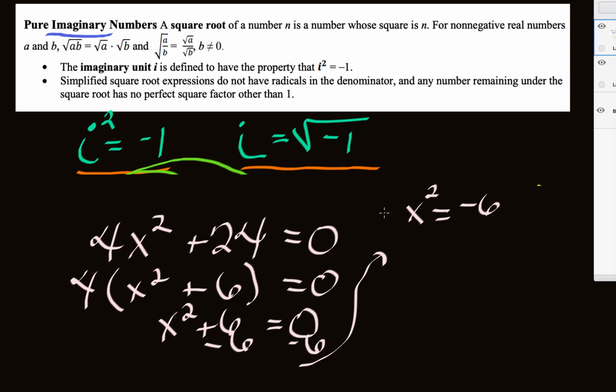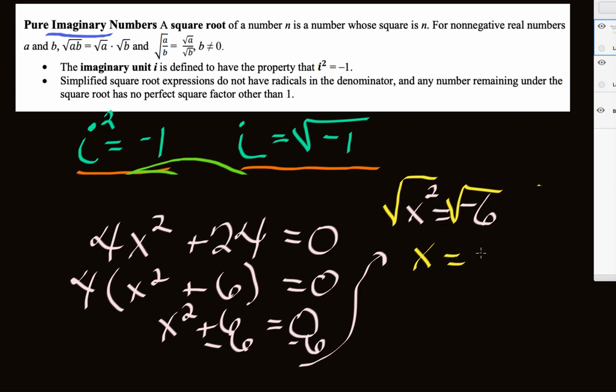Now I'm getting closer. Now I understand what I'm supposed to do. Let me undo that. Instead of rewriting, I'm going to use a different color. How about that? Now I'm going to take the square root of both sides, and now I have x, but in here I have, oh, wait a minute.